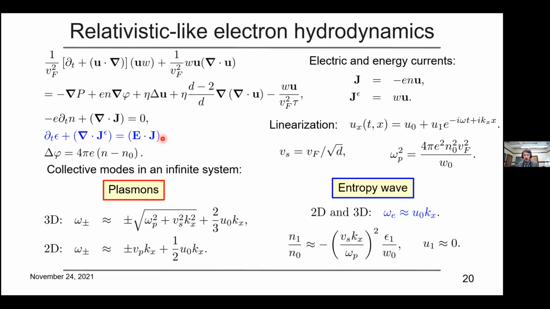So in other words, in non-relativistic fluid, the entropy wave remains decoupled from the rest of the system. But in the relativistic fluid, because of mass-energy equivalence, the entropy wave becomes coupled to the rest of the system. Therefore, since the plasmons acquire instability, the entropy wave also acquires instability.